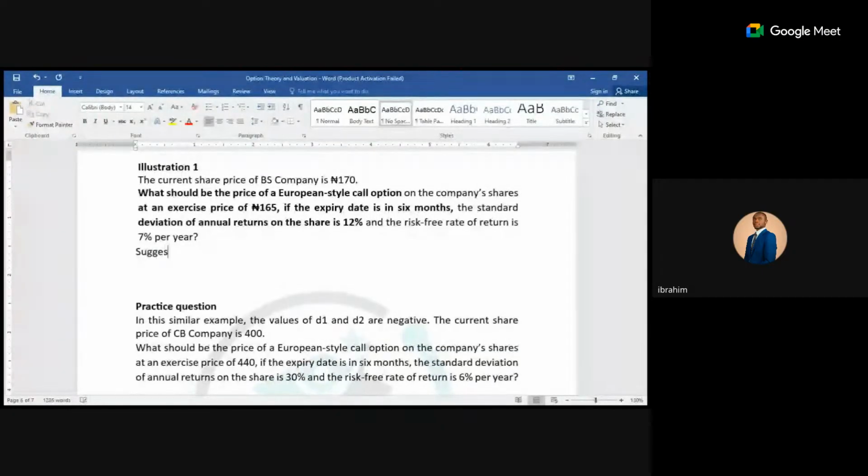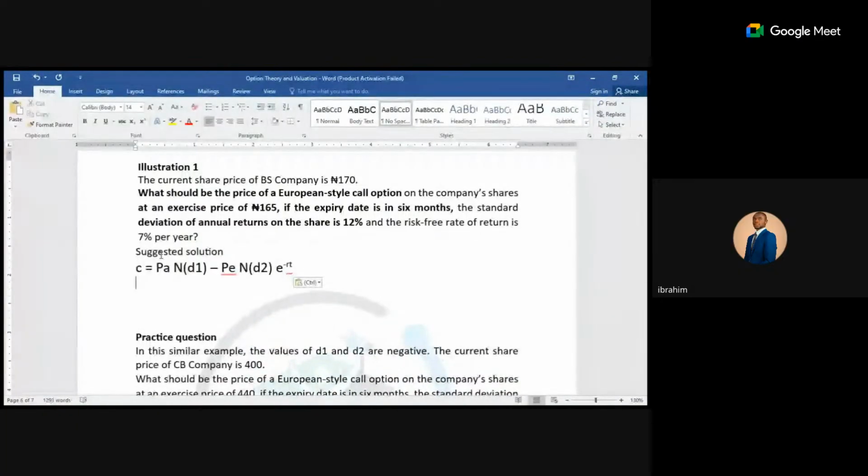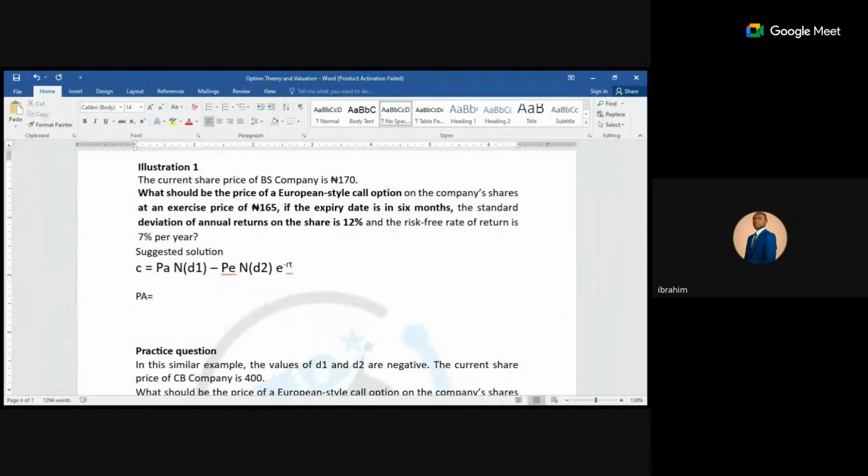Suggested solution. What is our PA? Class, what is PA? Price of the stock, the current price of this stock.